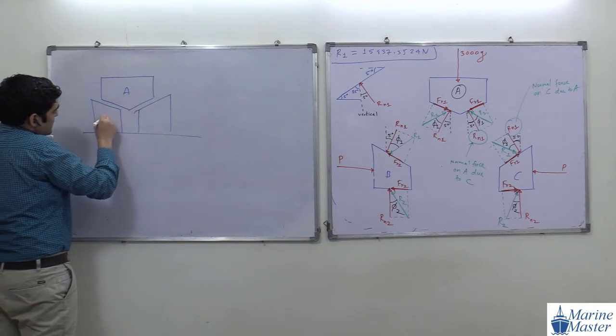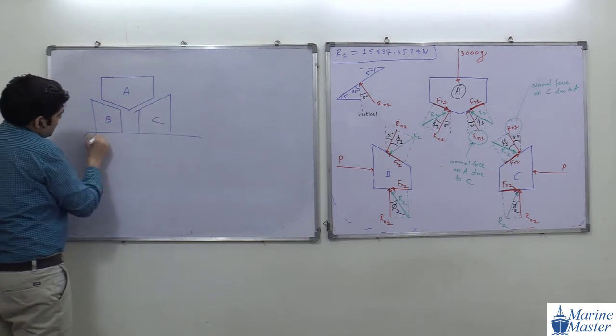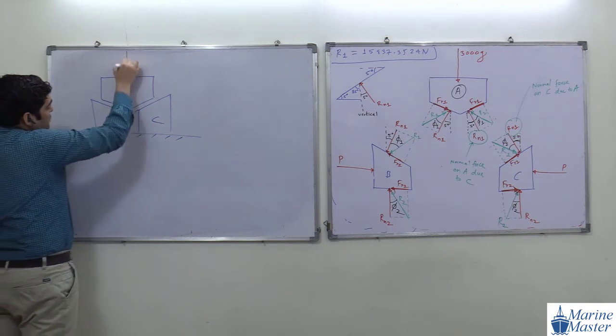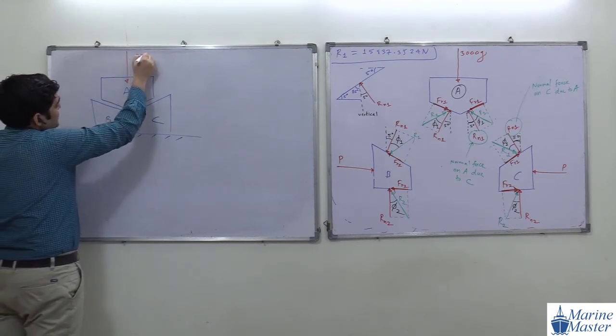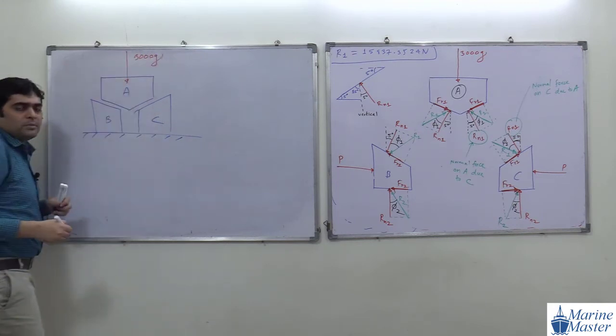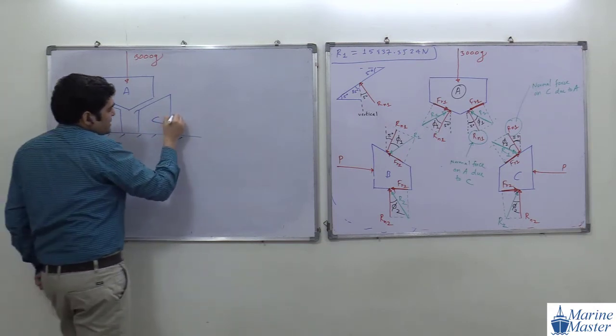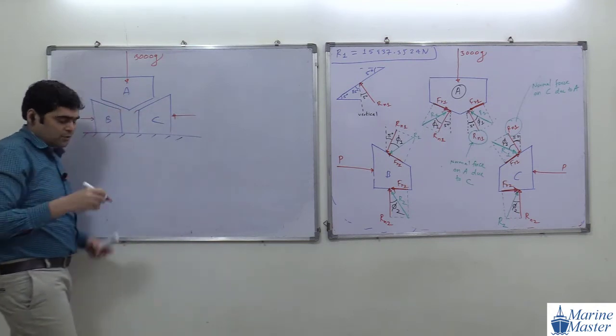This is A, B, C. Try to see the scenario. The total load is how much? 3000 G. On this side we have a P. On this side we have a P.